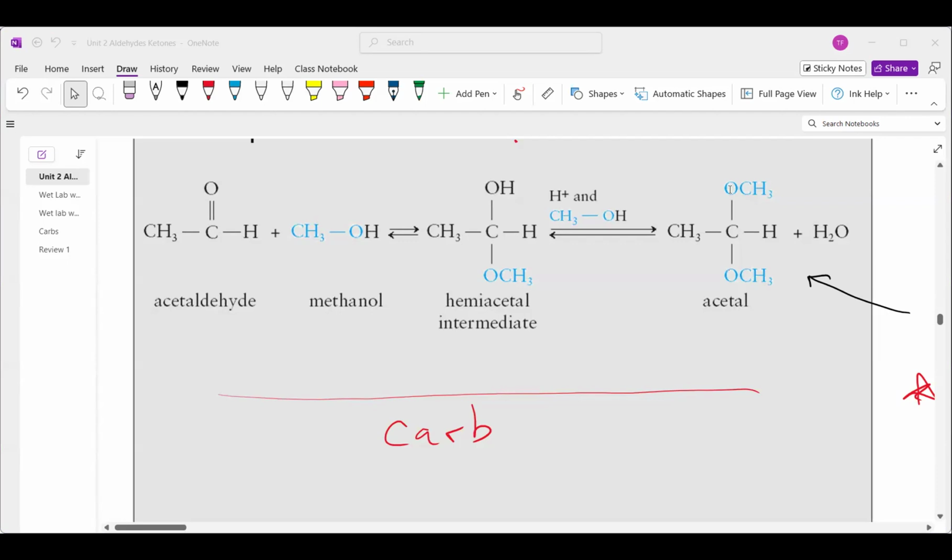It's going to react. So primary backbone, secondary backbone. So what's going to happen is this guy is going to go here, and then this becomes an OH.